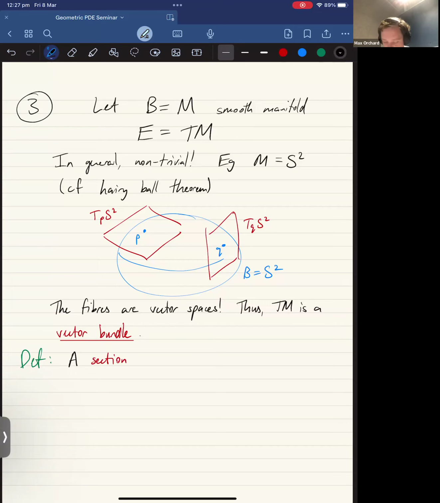So a section is simply a continuous map from our base space to our total space, such that if we look at f of x and then we project back down onto the base space, we just get x. So essentially, we map a point in the base space to a point in the fiber.